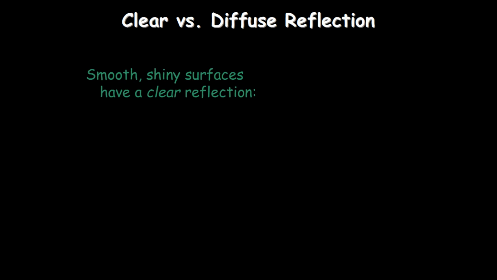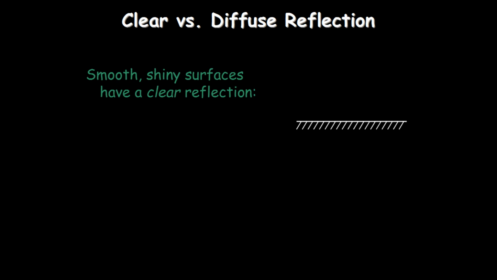Clear versus diffused reflection. Smooth shiny surfaces have a clear reflection. If you have a shiny and smooth surface, it will have a clear reflection. With a mirror, the reflection is so clear that we can see ourselves in the mirror, and we can see everything with the finest details. But not every object is the same as a mirror.